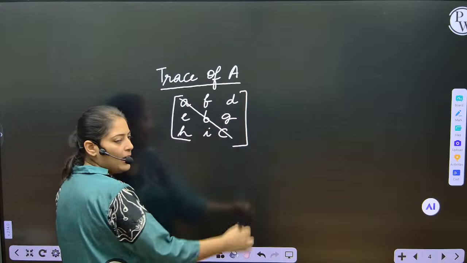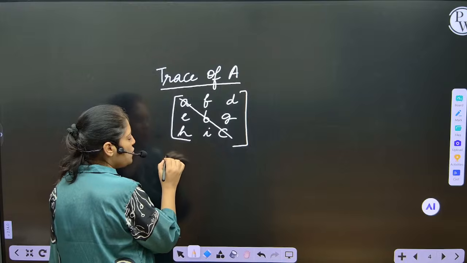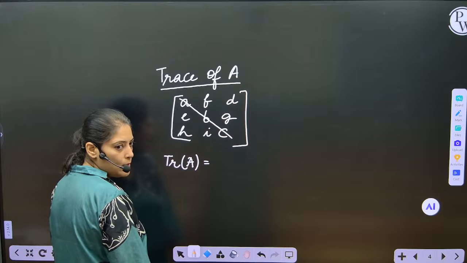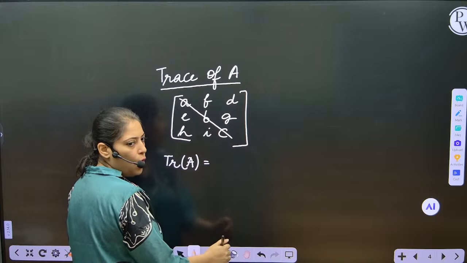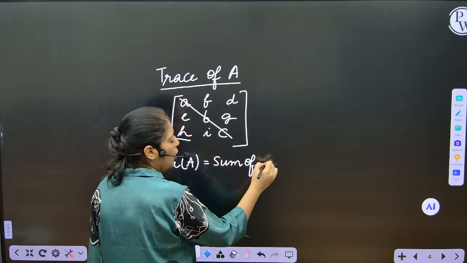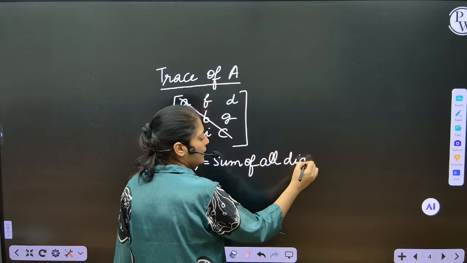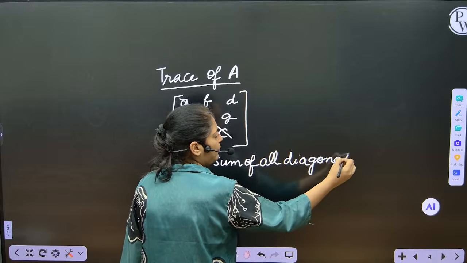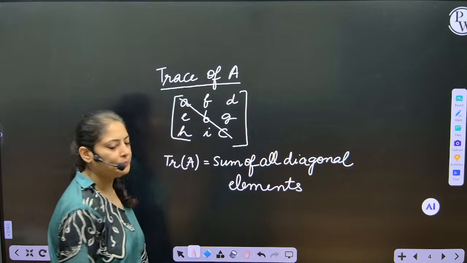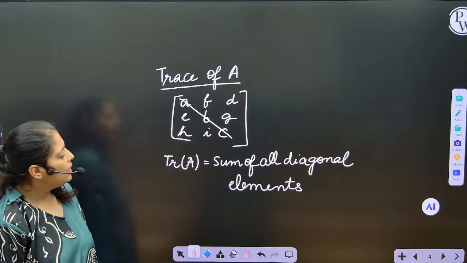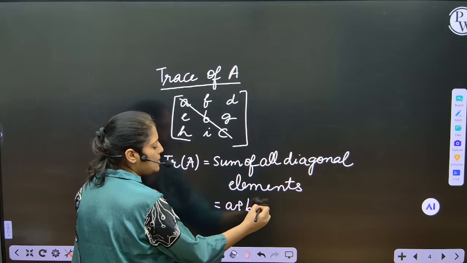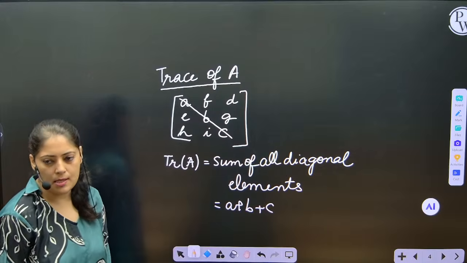These are the diagonal elements. So the trace of A is equal to the sum of all the diagonal elements. So this is nothing but A plus B plus C.